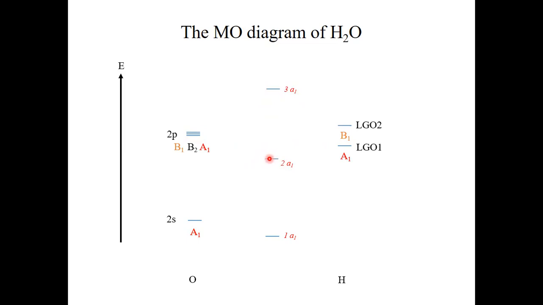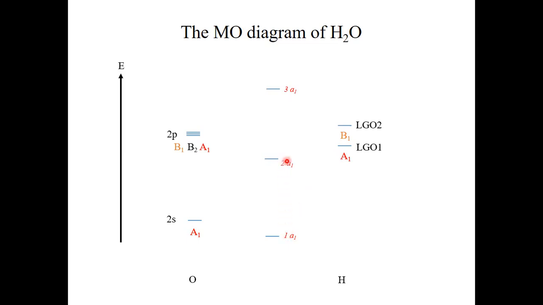So now you label these orbitals also according to symmetry type, and by convention, molecular orbitals get lowercase letters, as opposed to atomic orbitals or ligand group orbitals, which get uppercase letters. So the molecular orbital with the lowest energy gets the number 1 or the coefficient 1.